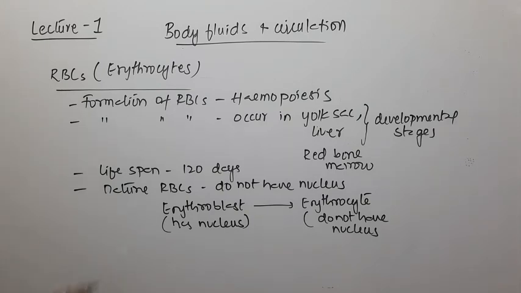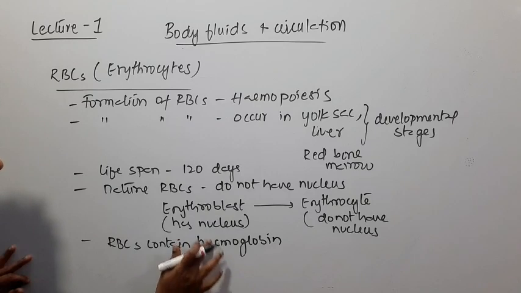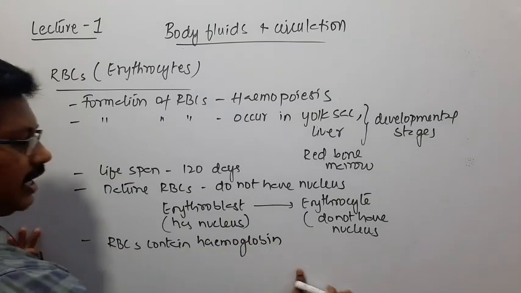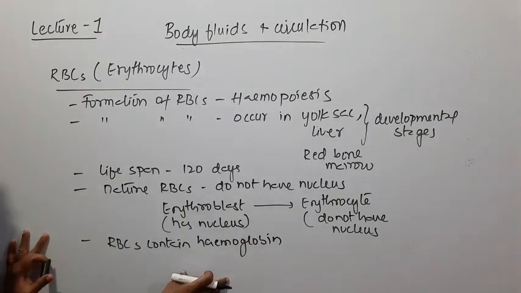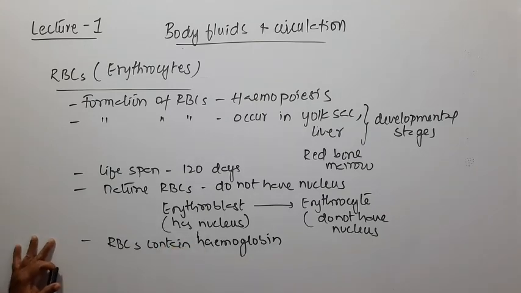Then these RBCs contain hemoglobin. It's a respiratory gases carrier, for oxygen and of course carbon dioxide. So RBCs carry oxygen and carbon dioxide, and the hemoglobin will be carrying them. I think you have seen in the previous session how hemoglobin helps in carrying oxygen and carbon dioxide.